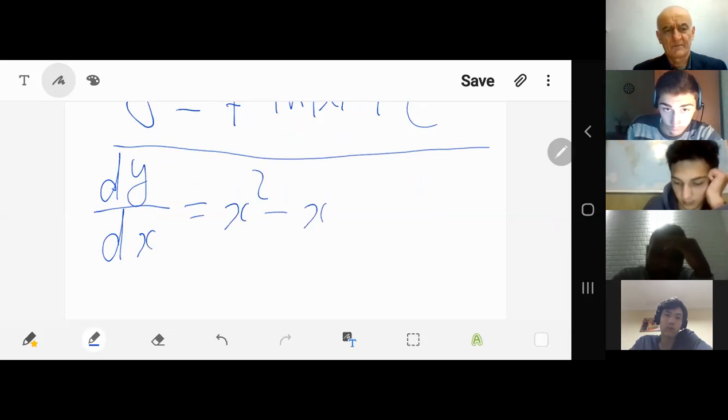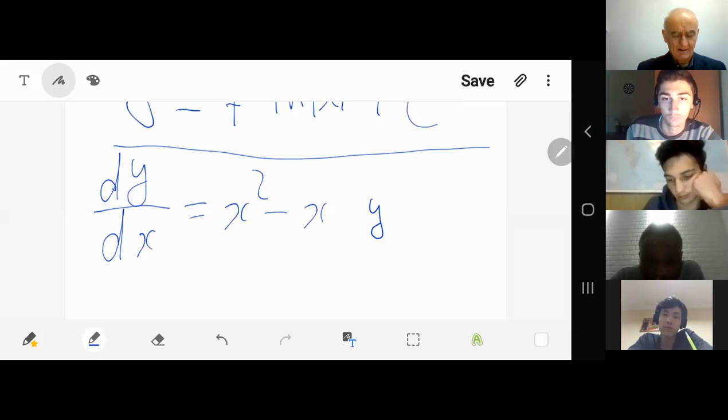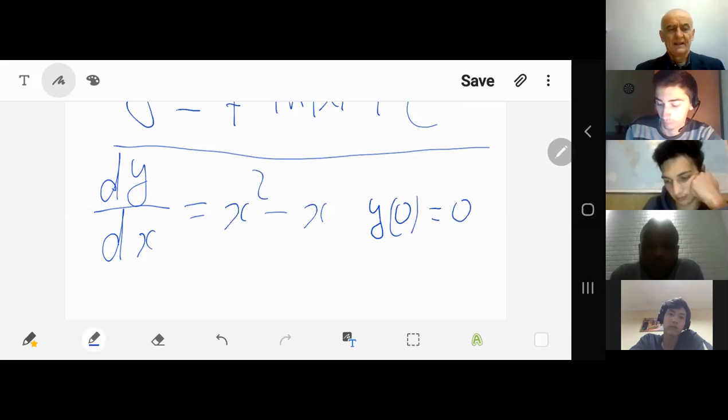So this is a differential equation, and in addition we have an extra condition, that y(0) equals 0. y, and in the parentheses 0.